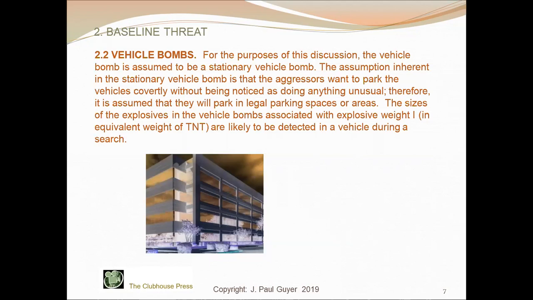They're not based on someone in a vehicle driving 90 miles an hour straight through the protective barriers and that sort of thing. And so the assumption here is that the aggressors want to park the vehicles covertly without being noticed as doing anything unusual. And it is assumed they will park in legal parking spaces or areas.